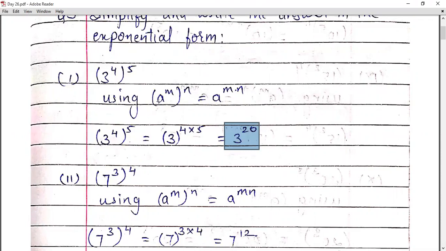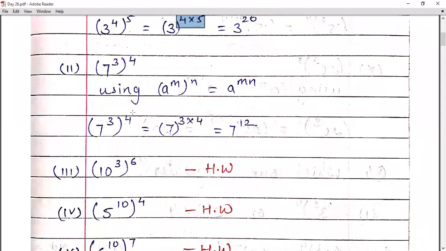Using the law (a^m)^n equals a^(mn), I have replaced (3^4)^5. It can be written as 3 raised to 4 into 5, or 3 raised to 20.